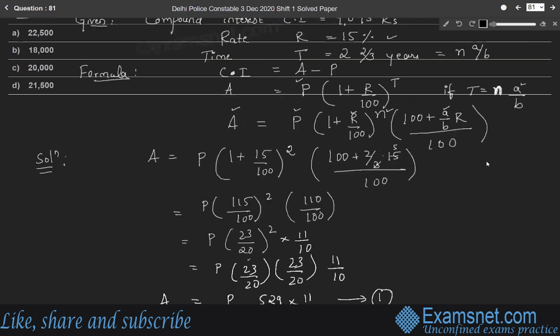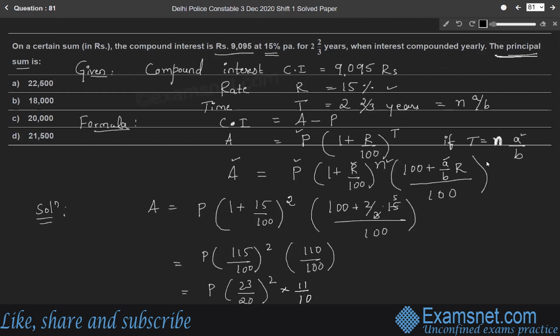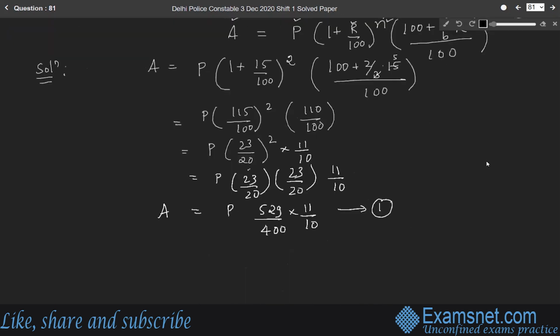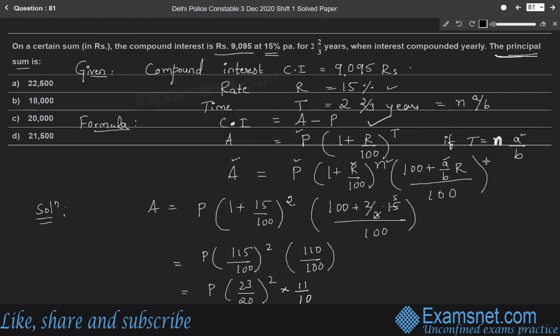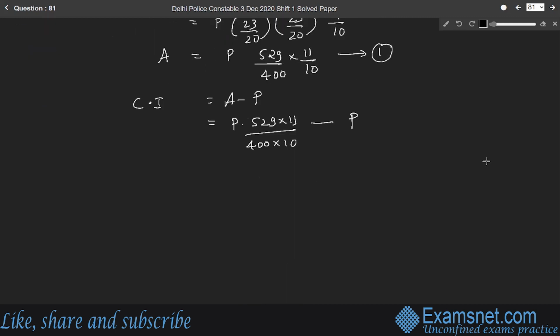So what is our next step? We have to find the principal sum. For that we are using the formula CI is A minus P. Therefore, compound interest is equal to A minus P. Substitute the value of A: P into 529 into 11 by 400 into 10, minus principal. Compound interest given is 9095.